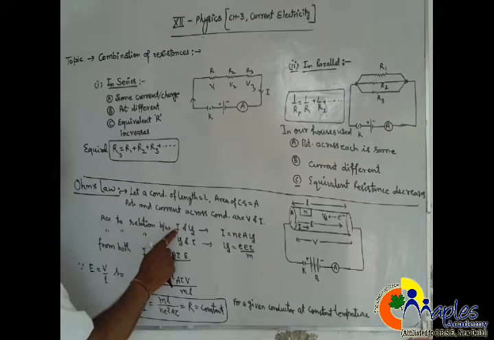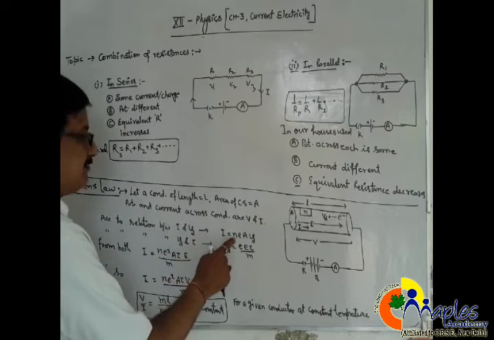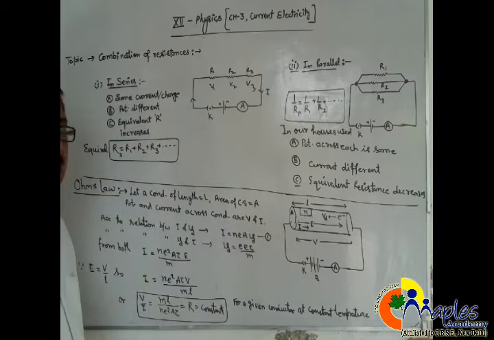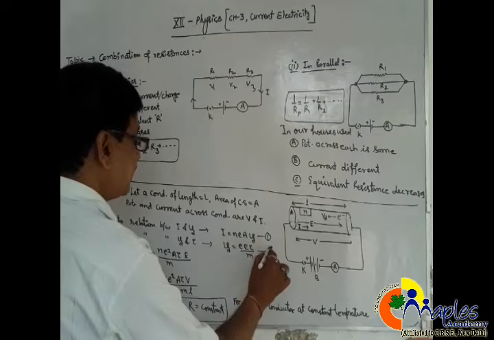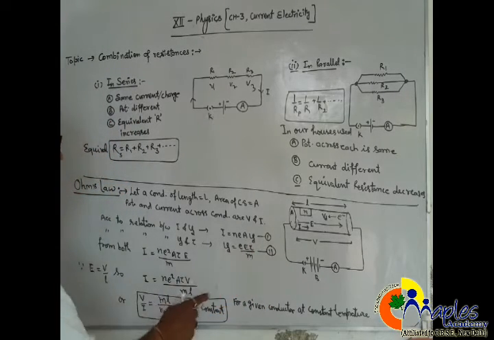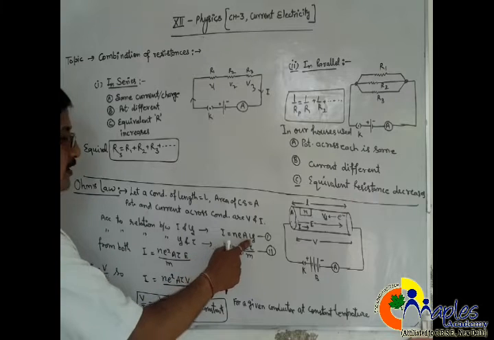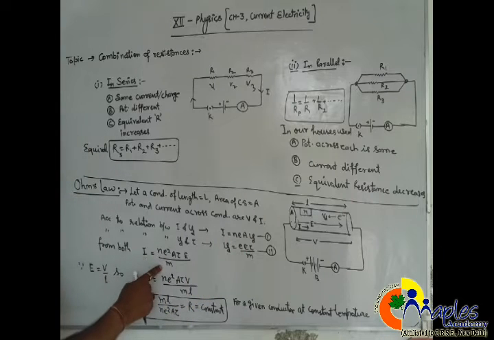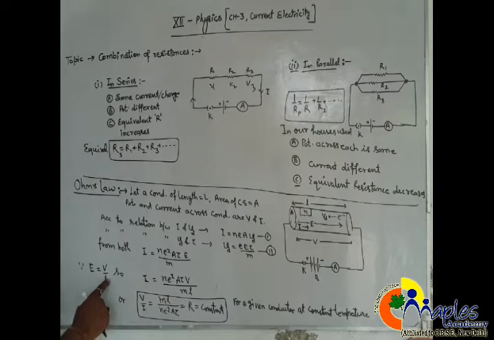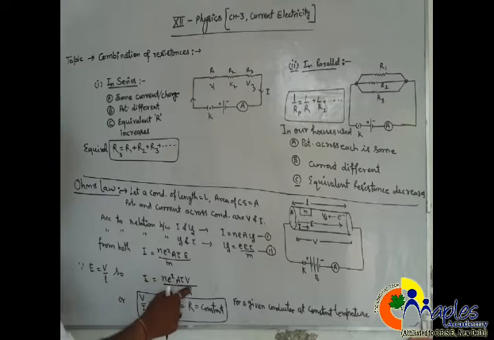We know the relation between current and drift velocity, that is I equals nAe vd. We had discussed it earlier. Similarly, the relation between drift velocity and relaxation time is vd equals eEτ upon m. We put the value of vd in this equation and get I, because E equals V upon L, the potential gradient. So when we put E as V upon L, V upon I will be equal to mL upon ne²Aτ.